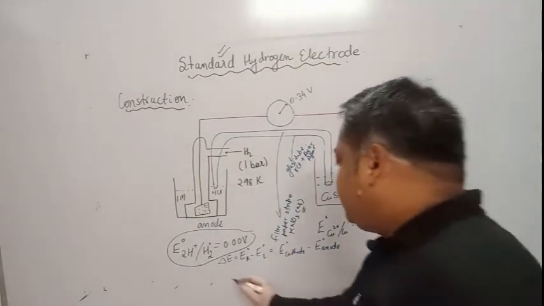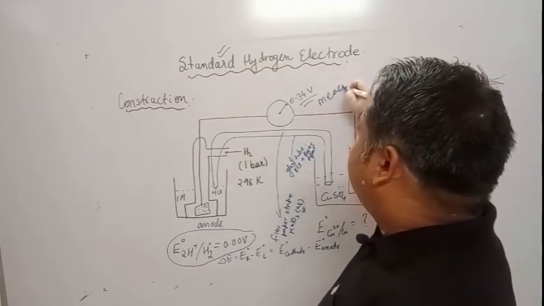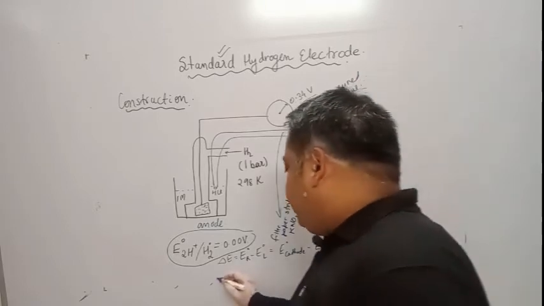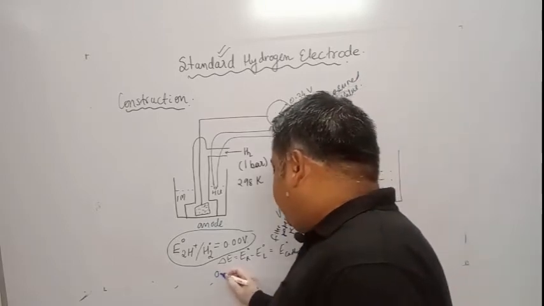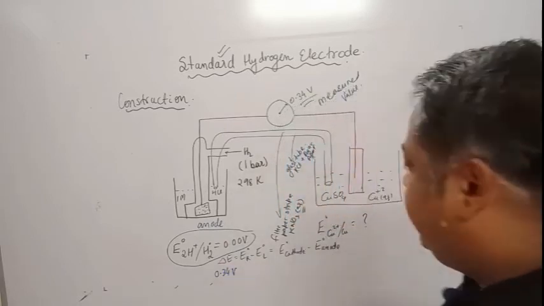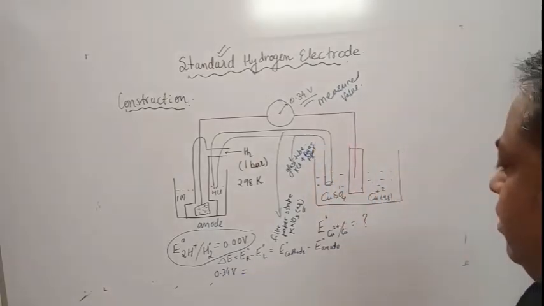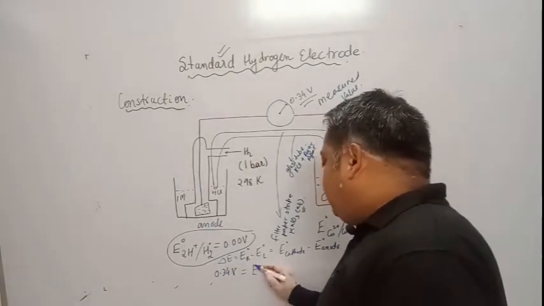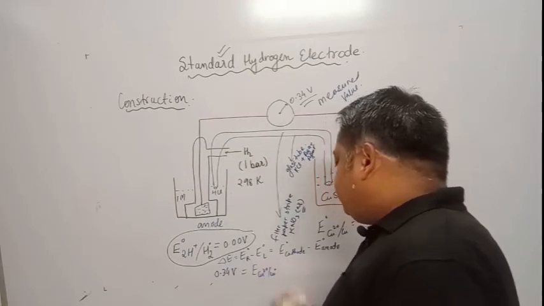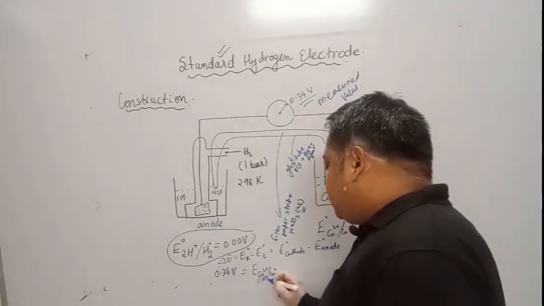So the delta E value is measured. This is a measured value, and we can put it here like 0.34 volt, measured as the net EMF of the cell, is equal to E right side, which is Cu2 plus Cu. These are all 1 molar solutions because it is a standard cell.